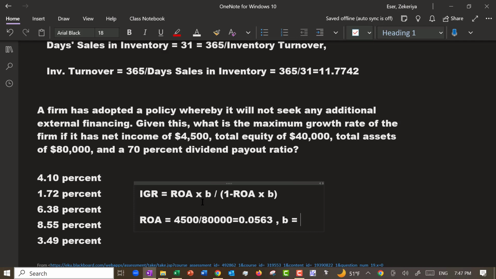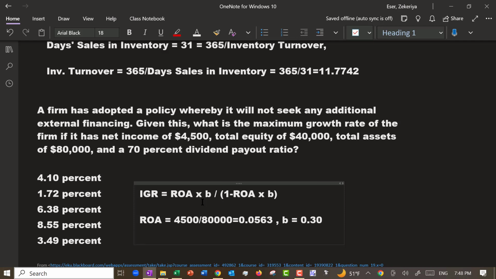What is B, the retention ratio? Anyone? If you're paying 70% dividend payout, how much are you retaining? 30, so it's 0.30.